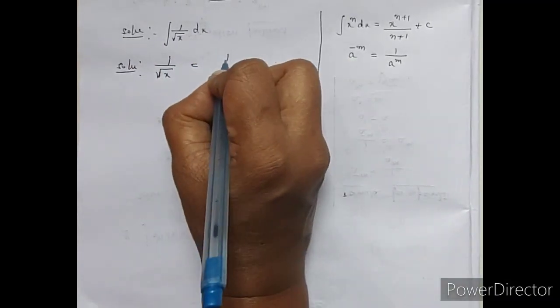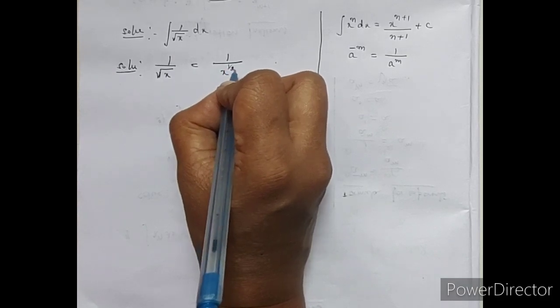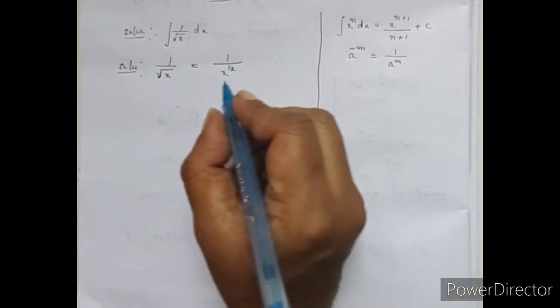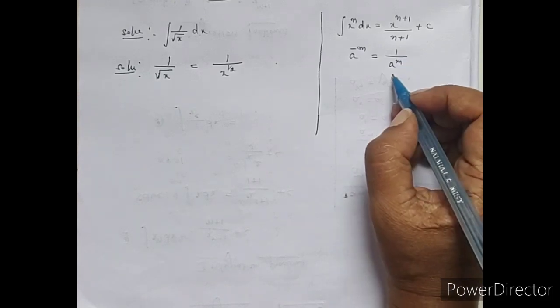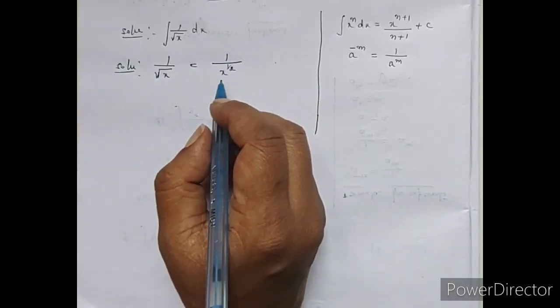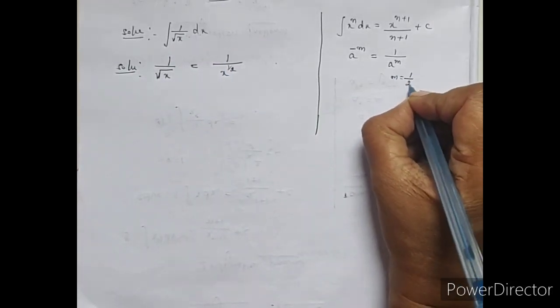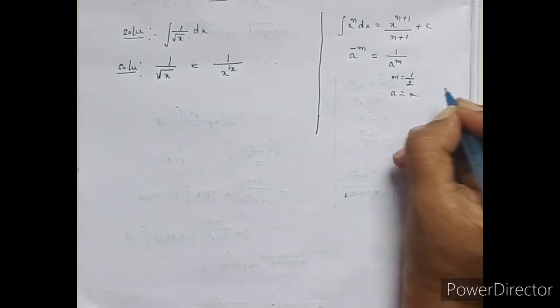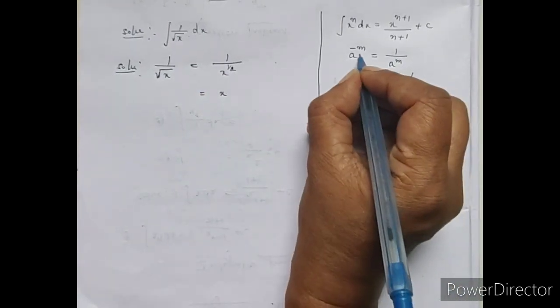So how to simplify? Root x we know we can write as x to the power of 1 by 2. Now here we shall use the rule of exponent, that is 1 divided by a to the power of m can be written as a to the power of minus m. So 1 divided by x to the power of 1 by 2: in the place of m you have 1 by 2, and in the place of a it is nothing but x. So using this rule, it can be written as x raised to the power of minus m.